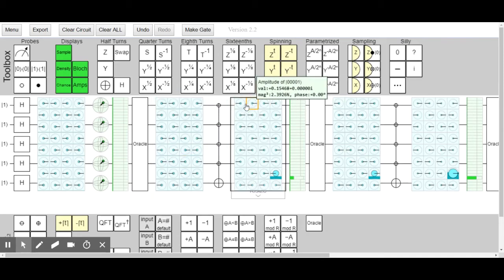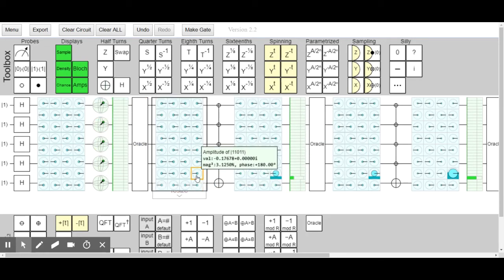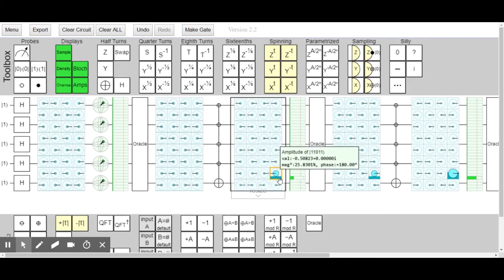Yeah, so that negates all the phases in this case. But because this phase was already negated, amplitude.